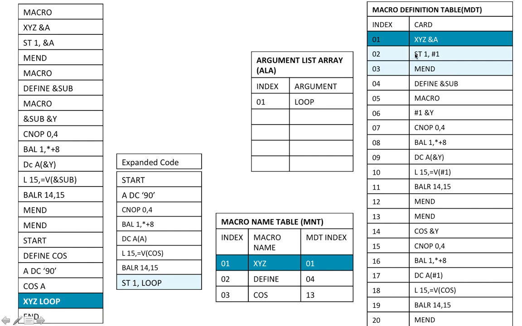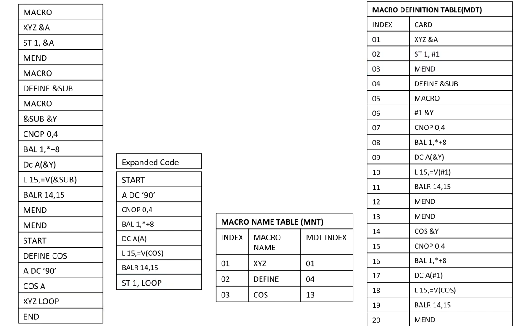Hence we have stored ST1 and #1, which is LOOP. Then it finds END, and with the END it stops the expansion of the macro, and it has generated the expanded code for the given assembly language program.